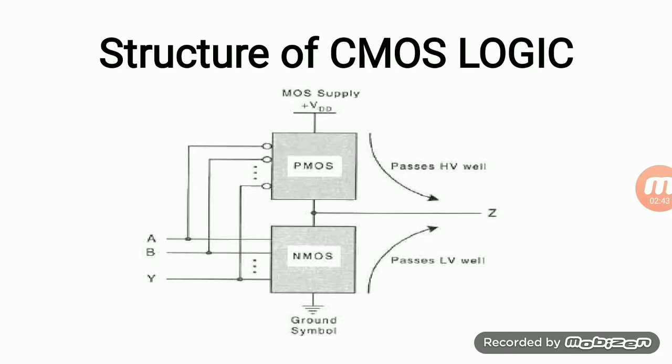Based on the inputs, if the pull-down network is on, it will pull down the output logic level from high to low. That's why it is called the pull-down network. So when the pull-up network is on, the output becomes 1, and when the pull-down network is active, the output becomes 0. This is the basic structure of CMOS logic.